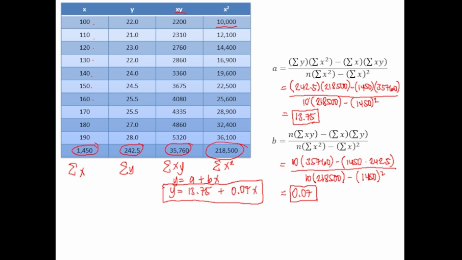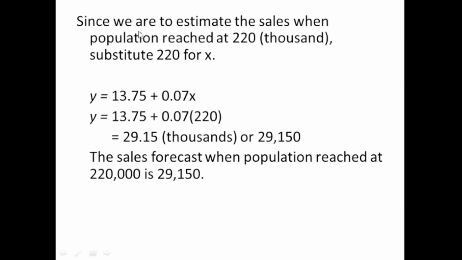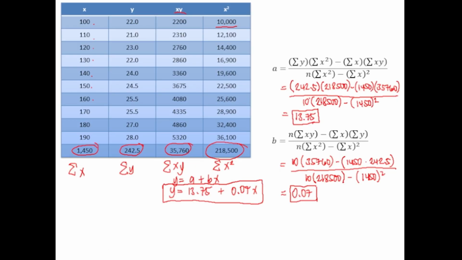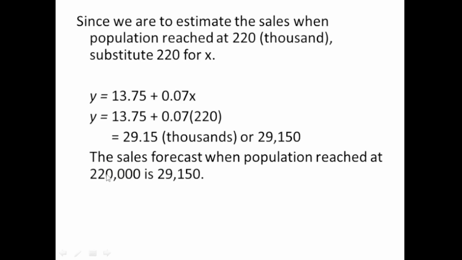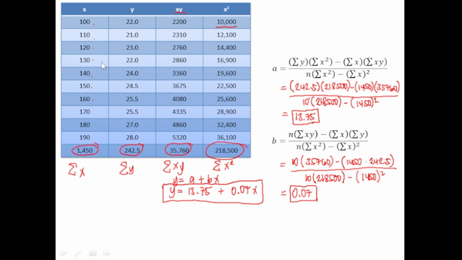Now, siyempre, we need to plot this, yung x and y sa ating Cartesian plane. Mababa ay 100, 200 yung malaki. Dito sa sales po natin, 20 tapos 29 yung malaki. I-plot po natin ito. Kung ipa-plot po natin siya, ganun po yung itsura niya.